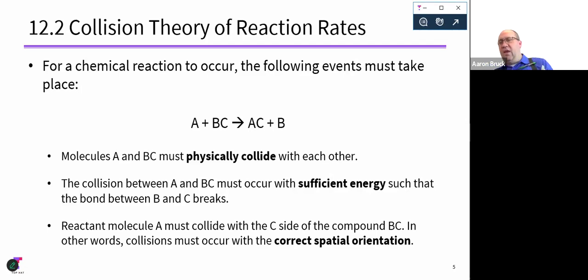The collision theory is really simple. And if you put it on its face, it makes a lot of sense. In order for a chemical reaction to take place, the reactants are going to have to encounter each other. They're going to have to collide. And so, yeah, on its face, this makes a ton of sense.